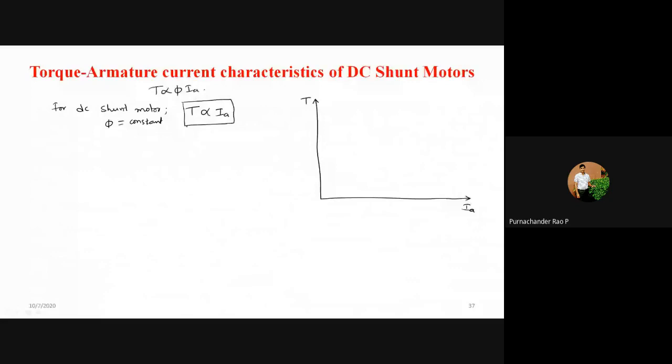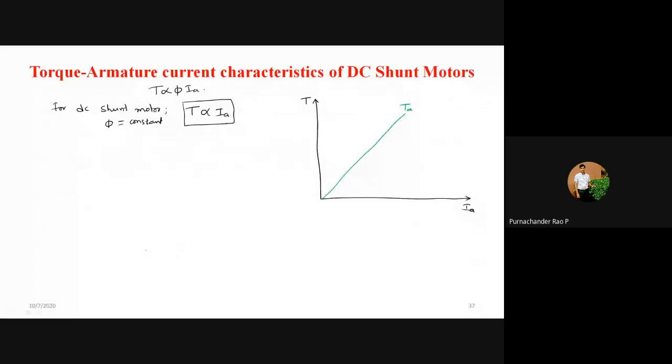As torque is proportional to armature current, what must be the relationship between the torque and Ia? It is a linear relationship, and therefore the characteristics will be like this. This torque we can call the gross armature torque, which is developed.